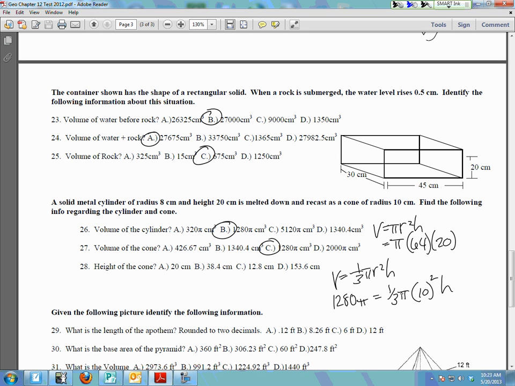I'm going to get 1/3 pi times 100 times h is equal to 1280 pi. There's several things you could do. You can multiply both sides by 3 and then divide both sides by 100 pi, and that will leave you with h. And when I do that, h will end up being 38.4 centimeters.